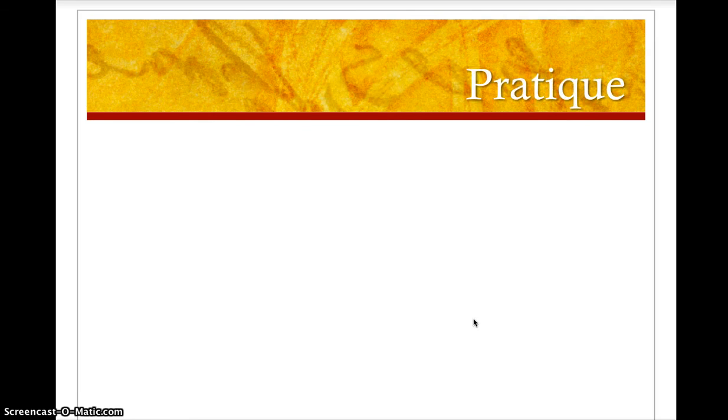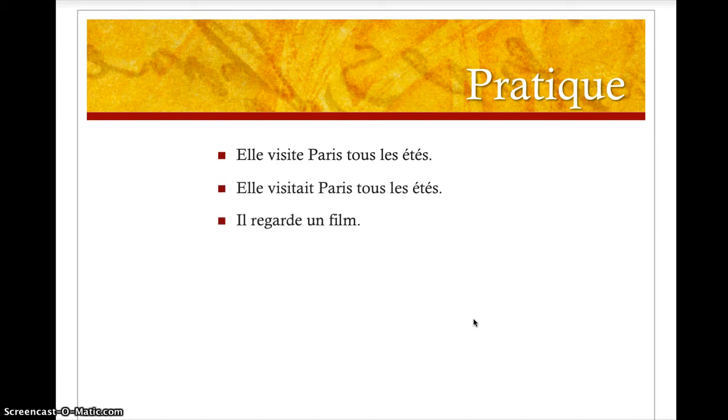Okay, let's do some practice here, some pratique. Elle visite Paris tous les étés. What would you put this in? Would it be the passé composé or the imparfait? Now, I might go a little bit faster than you, so feel free to pause it and try and figure it out, and then come back. Elle visitait Paris tous les étés. Il regarde un film. He watches a film.